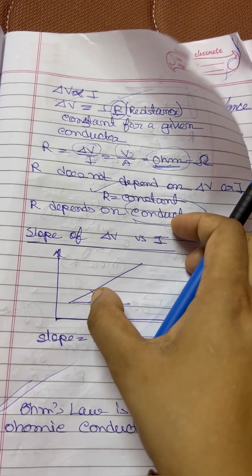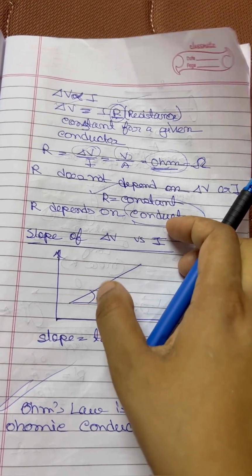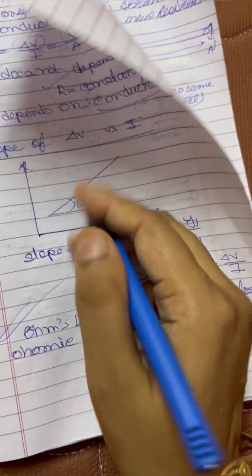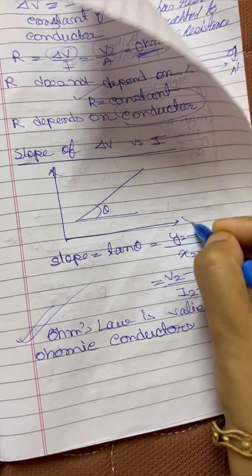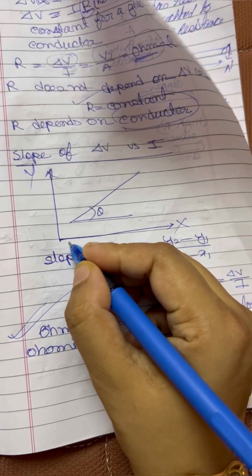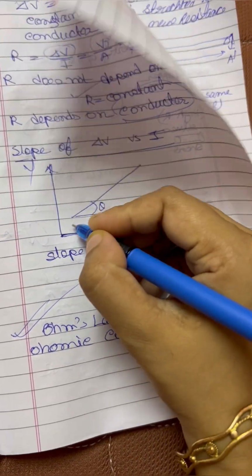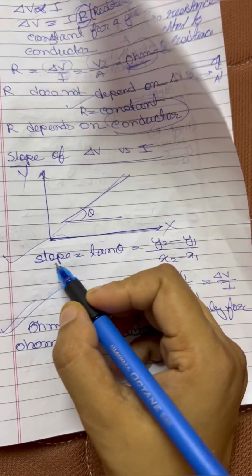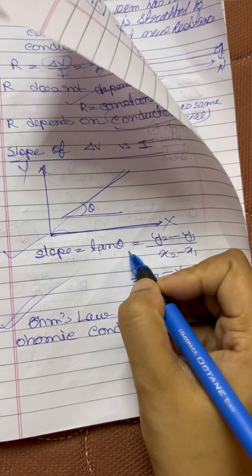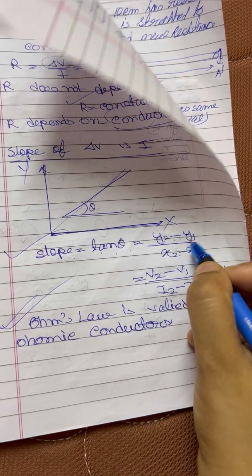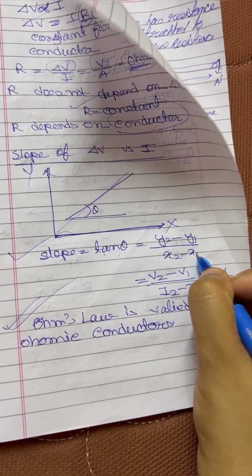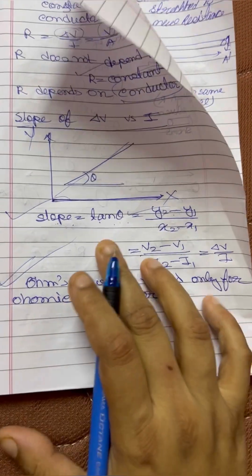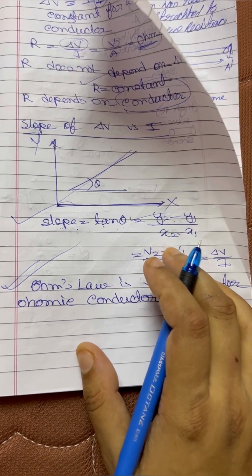Slope means the angle it makes with the positive x-axis. This is the x-axis, this is the y-axis. This angle, how much angle it forms, this is the slope. So slope is equal to tan theta. Tan theta means (y2 minus y1) by (x2 minus x1). This will be the formula of slope.